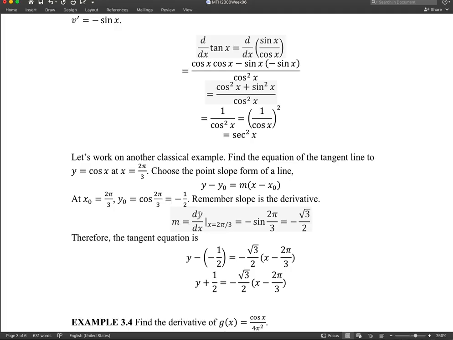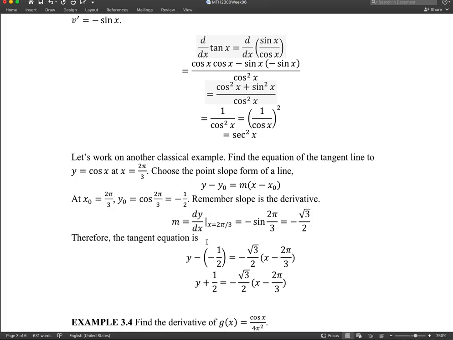Okay, so the derivative of cosine is negative sine. The given point is 2 pi over 3, so the slope should be negative sine of 2 pi over 3. And again, we calculated sine of 2 pi over 3, which is square root of 3 over 2. But still the minus stays.